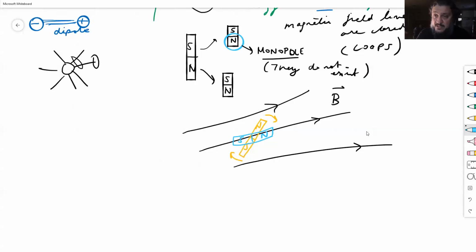It's really interesting because it goes back to the idea of charges. A charge creates electric field. When you start moving it, it creates a magnetic field. Moving charges create magnetic field.